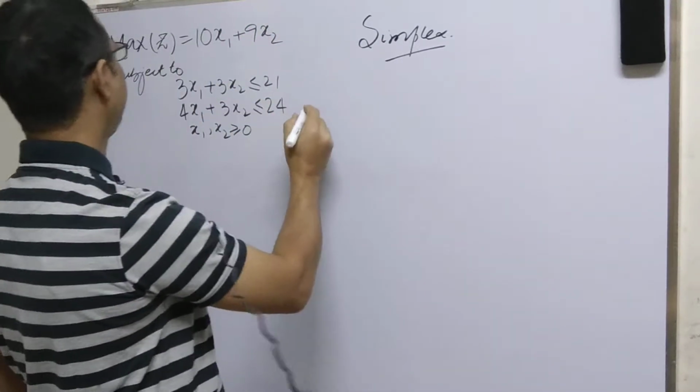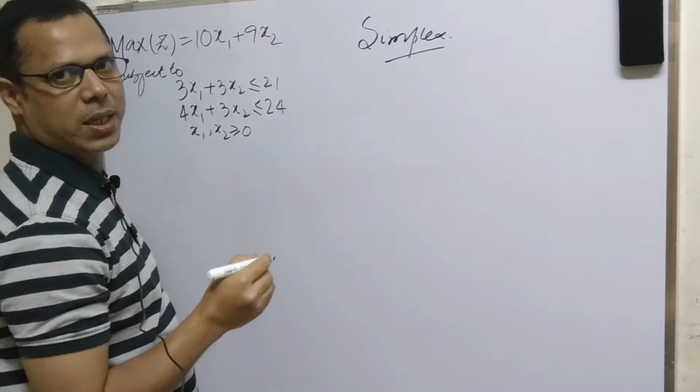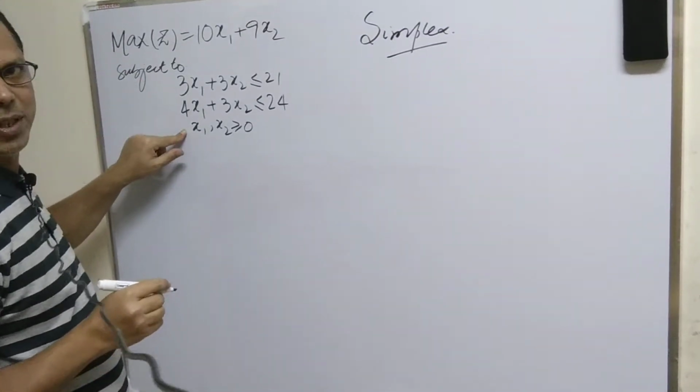First we need to copy whatever I have written here: the objective function, the constraints and the decision variables that have been given.